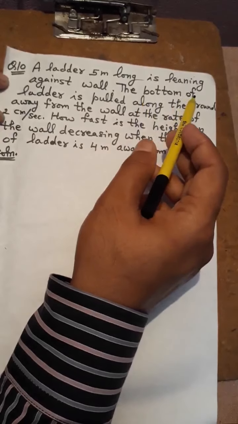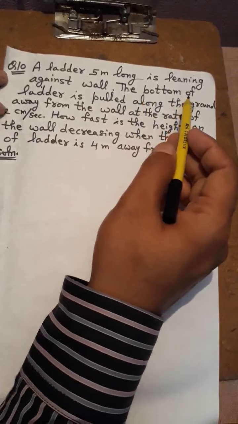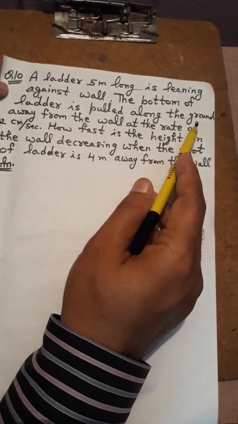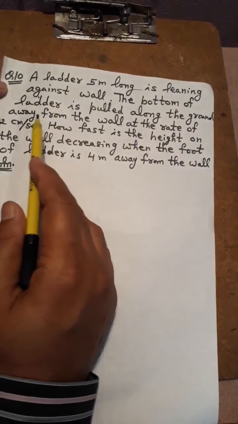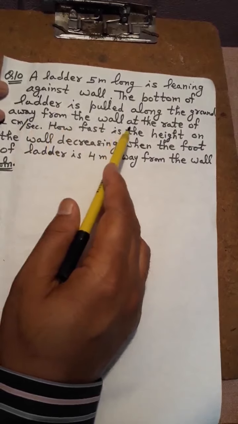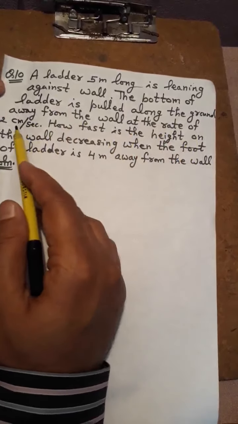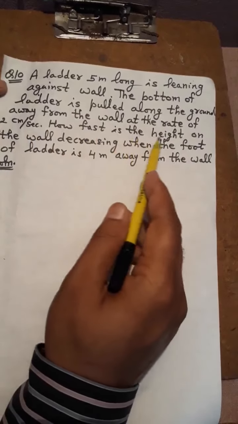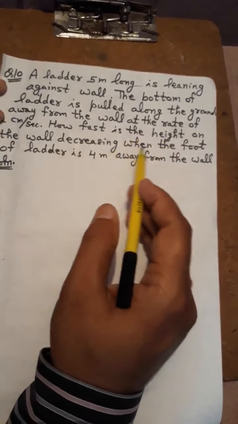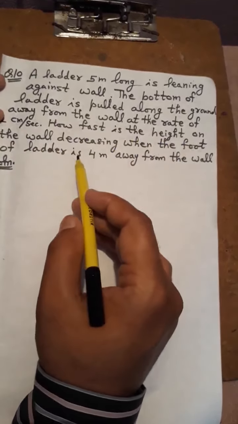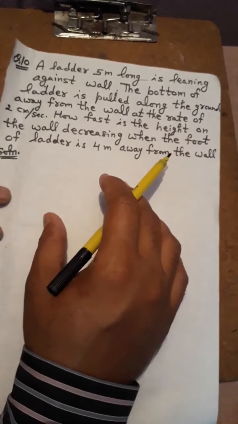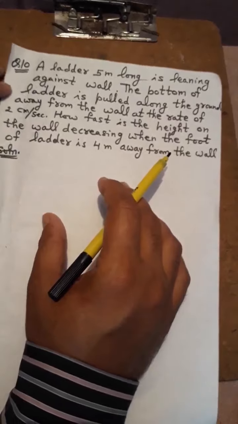The bottom of the ladder is pulled along the ground away from the wall at the rate of 2 centimeter per second. How fast is the height of the wall decreasing when the foot of the ladder is 4 meter away from the wall? So let us solve this question.